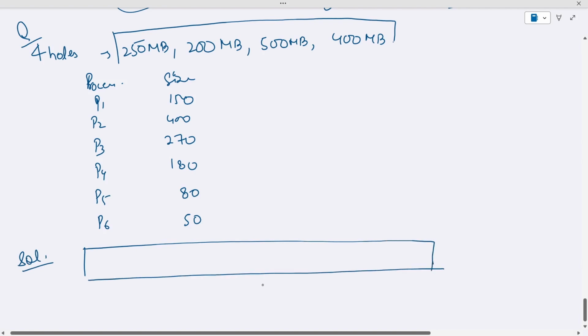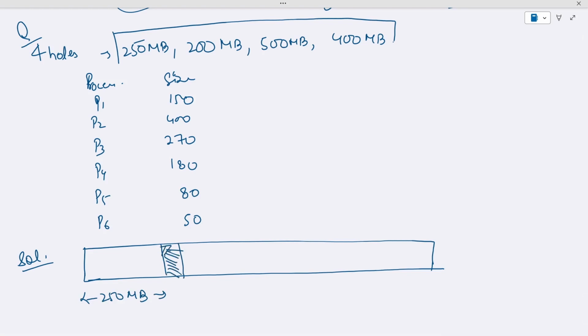Now it's dynamic partitioning. First of all, four holes. Let's say that this much space is 250 MB. Then we have a block which is already filled by some processes other than these six, so we cannot use this space.